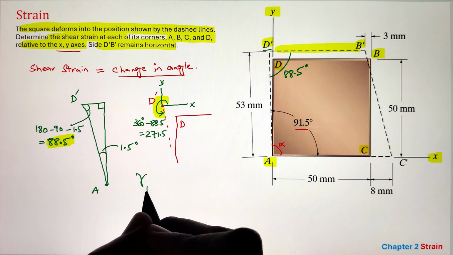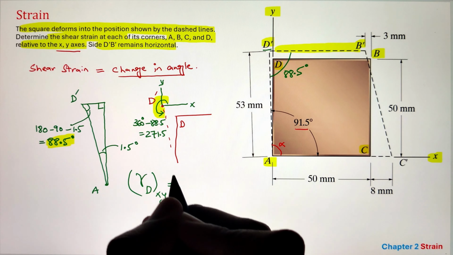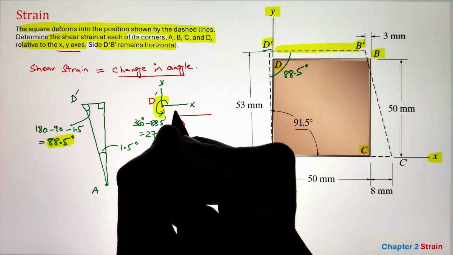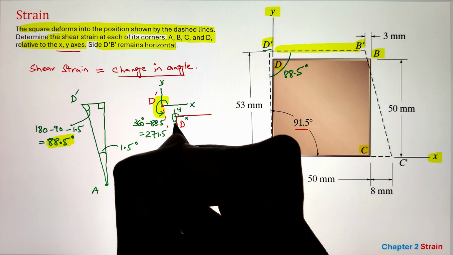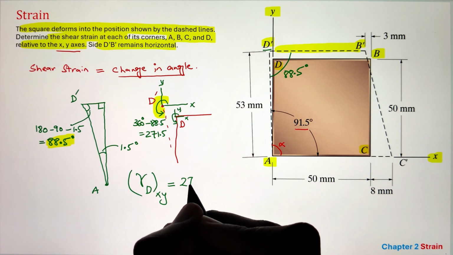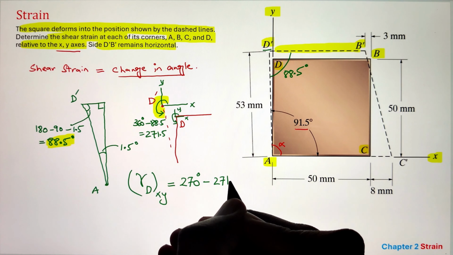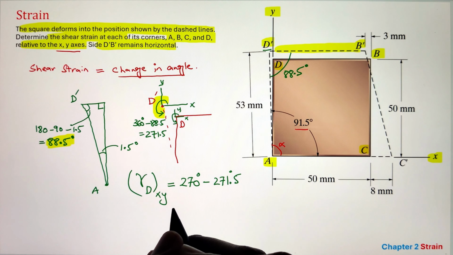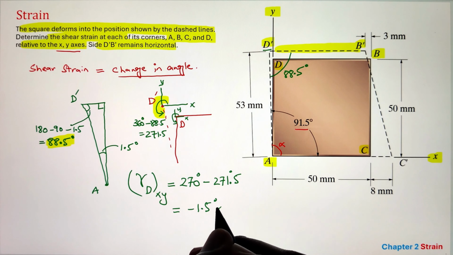The initial angle at point D, again relative to the x and y axis, is 270 degrees. Since we are looking for the shear strain, which is the difference between these angles, 270 minus 271.5 degrees gives us again negative 1.5 degrees.